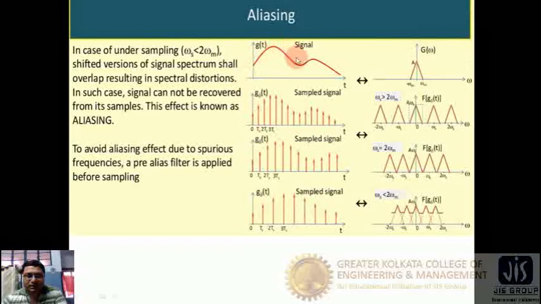See, the input signal looks like this, and due to the lower sampling, distortion occurs and the shape of the input signal gets changed. So anti-aliasing plays an important role in avoiding distortion in the input signal, or representing the input signal in a proper way like this.